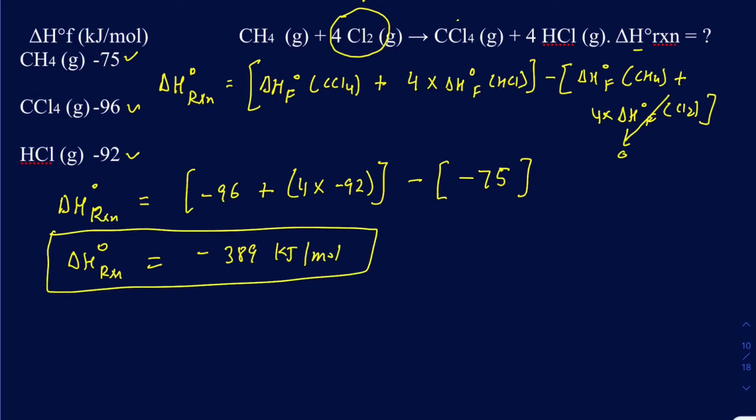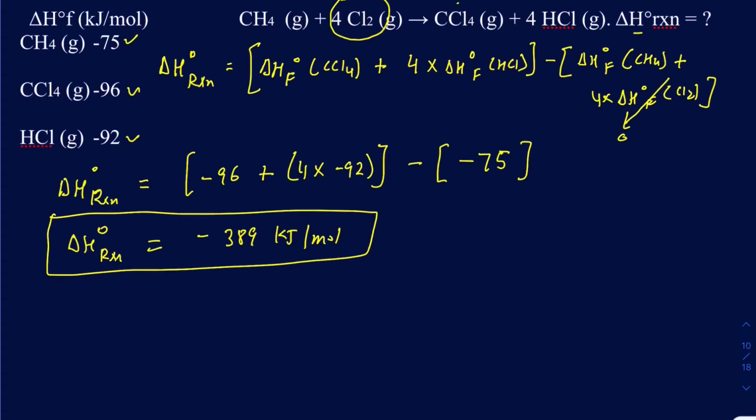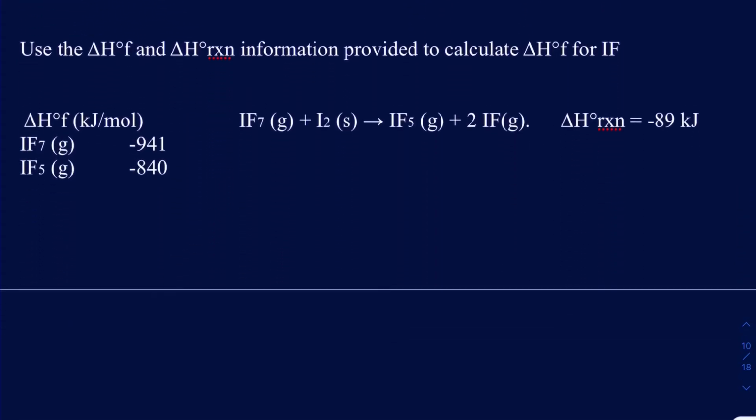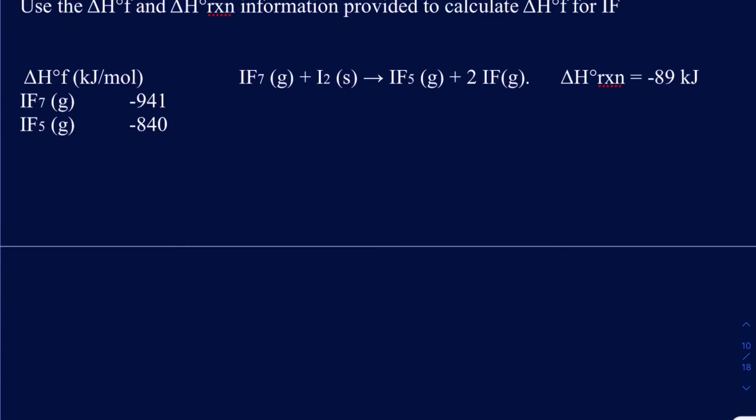Okay, so that's how you're going to be calculating the delta H of the reaction. Now, there are going to be times when in the given question you are actually given the delta H of the reaction and you have to find the delta H formation of something. For example, in this particular question where we have IF7 reacting with I2 making IF5 and 2 IF, we're given the delta H of the reaction.